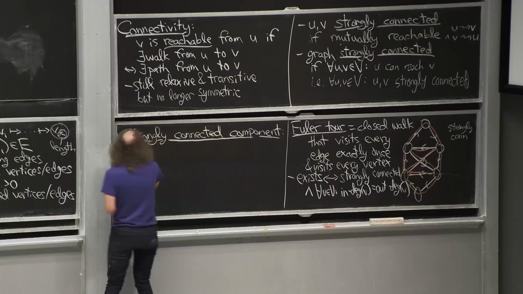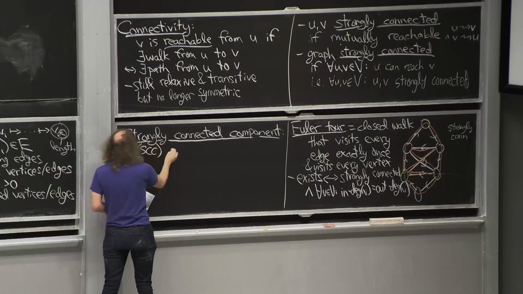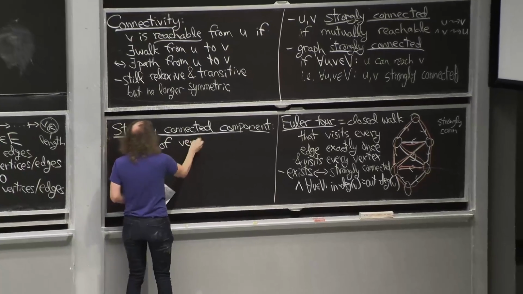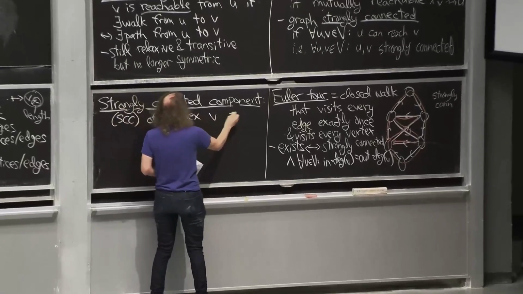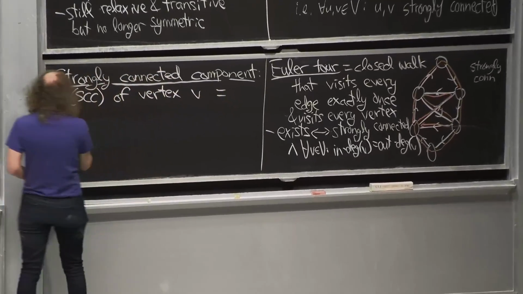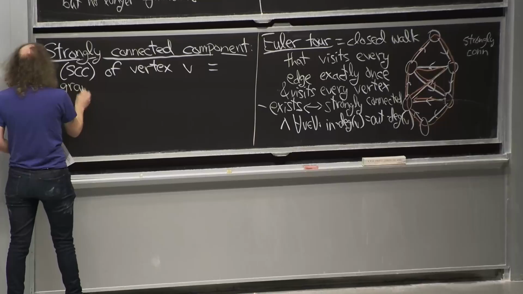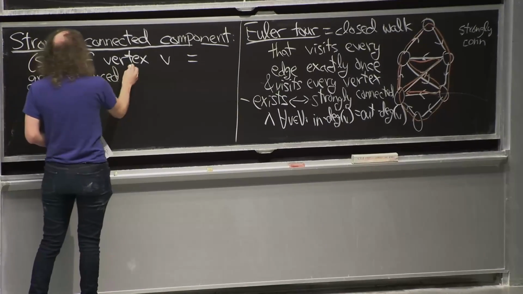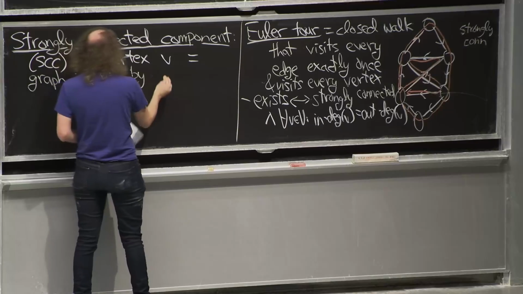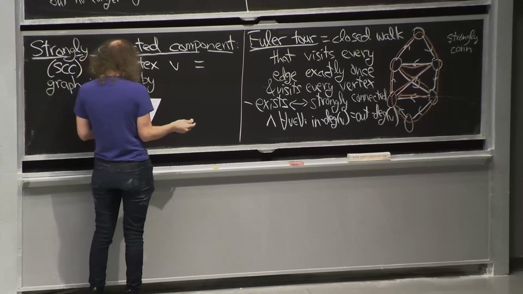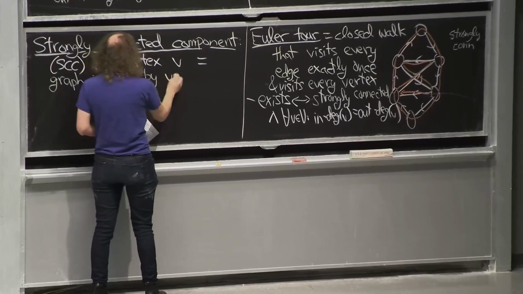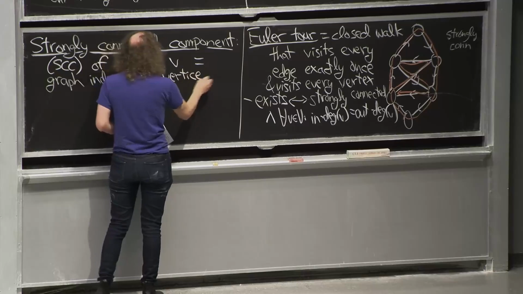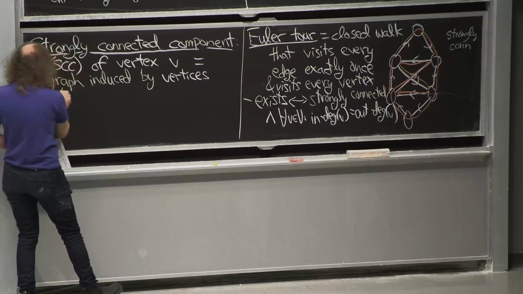So the strongly connected component, or SCC, of a vertex V is the graph induced, this is similar to how we set it up before, by all the vertices that are strongly connected to V.